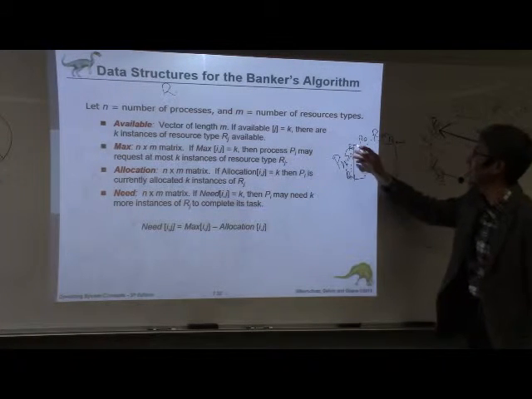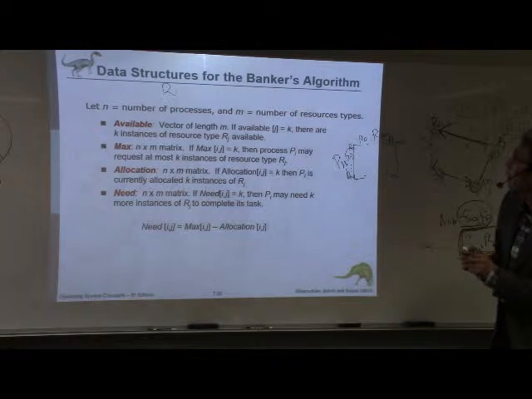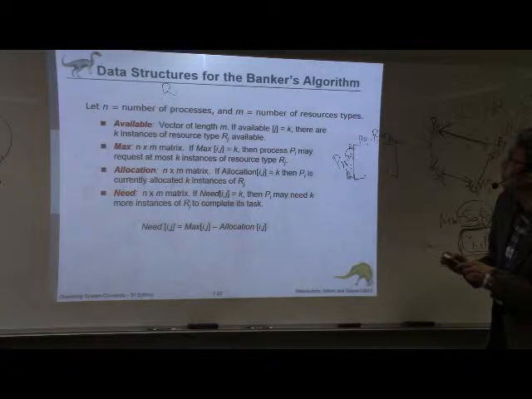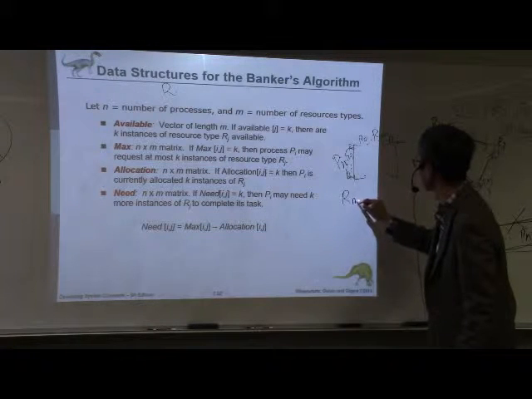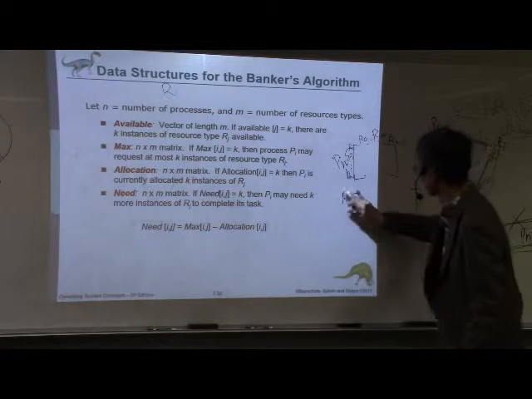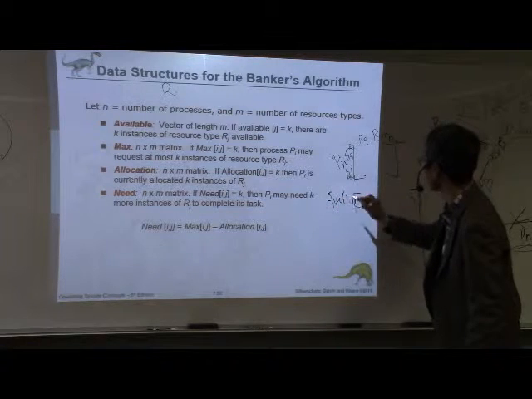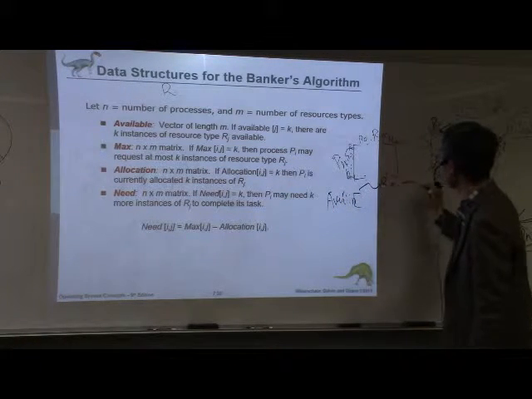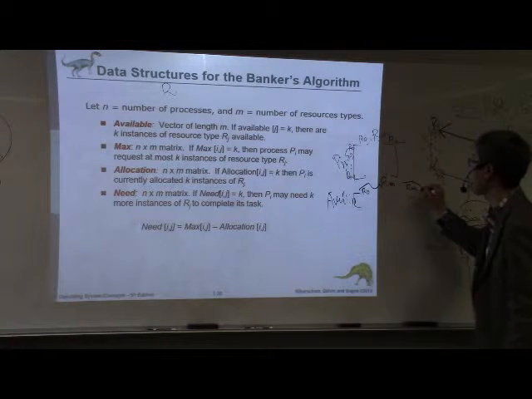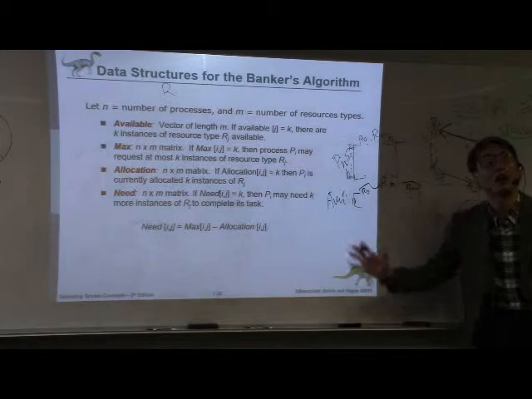Then how many of each are available? Available is a matrix 1 by m, from R0 to Rm minus 1. How many of them are available?